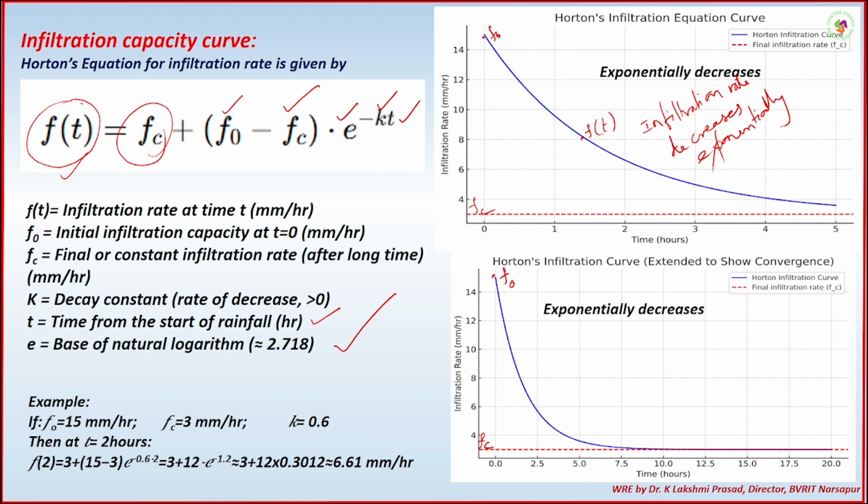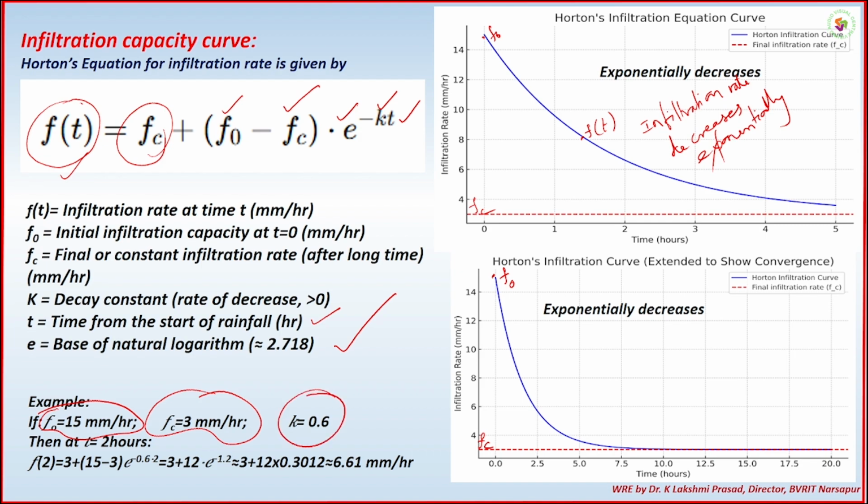So this completes the first method. Based on this, we can estimate the infiltration capacity. Suppose, for example, F0 is equal to 15 mm per hour, Fc is equal to 3 mm per hour. What is Fc? Constant infiltration rate. What is F0? Initial infiltration rate.